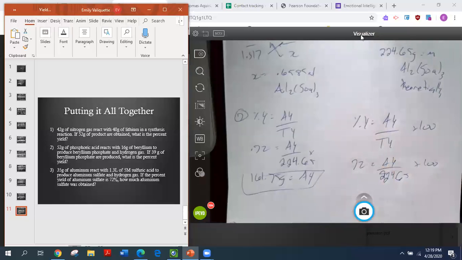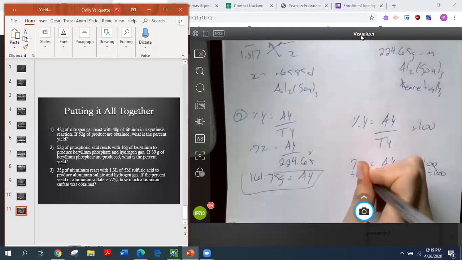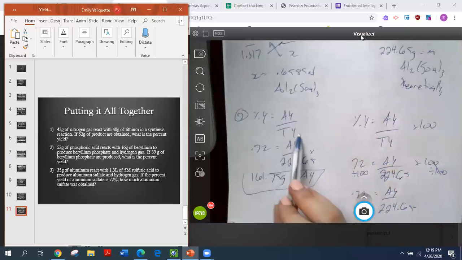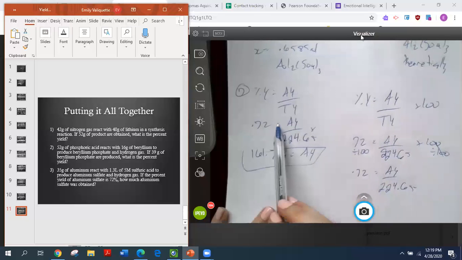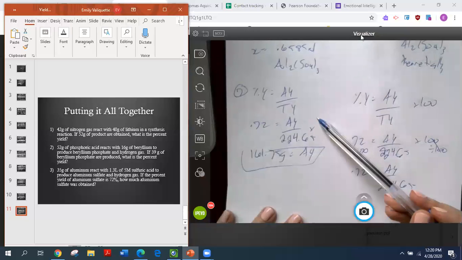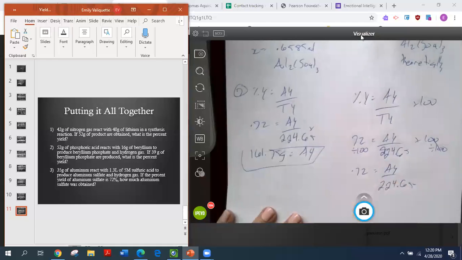And then your very first step will be to divide by 100, which will get you to the step that I just kind of started with here. Okay, but if you'd like to include that times by 100, you put your percent yield in as a full number. If you don't want to bother with the times 100 part, then you put your percent yield in as a decimal. That's the only difference.